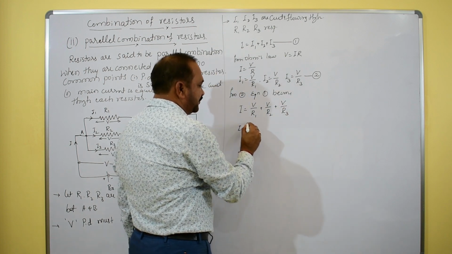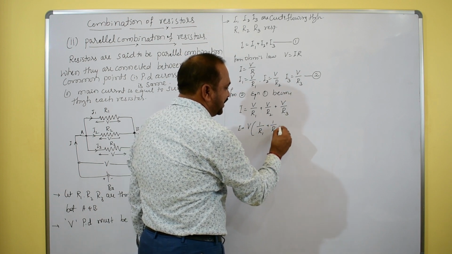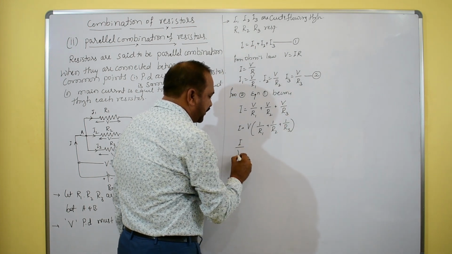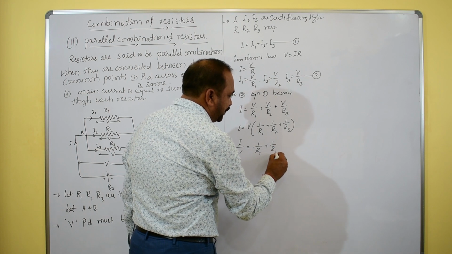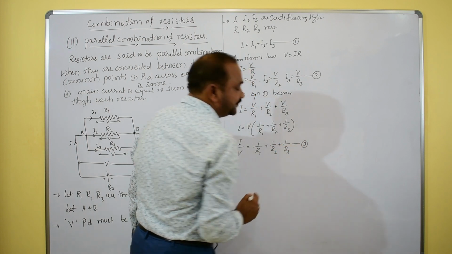Then I equals V, which is common, times 1 by R1 plus 1 by R2 plus 1 by R3. Then I by V equals 1 by R1 plus 1 by R2 plus 1 by R3. We call that equation number 3.